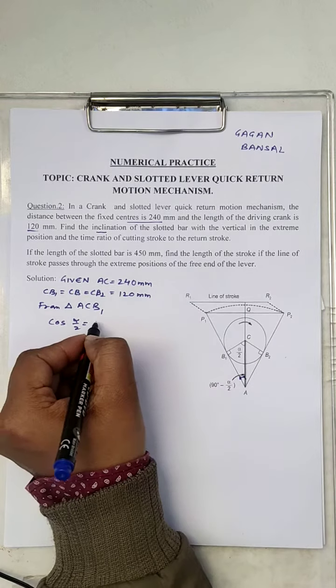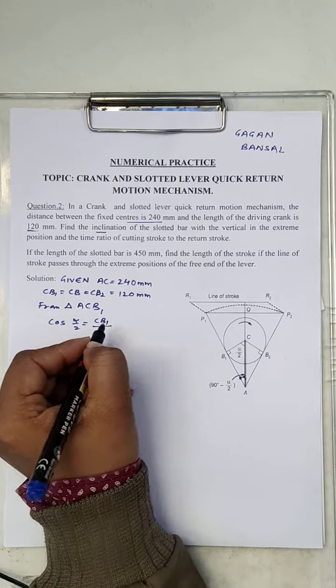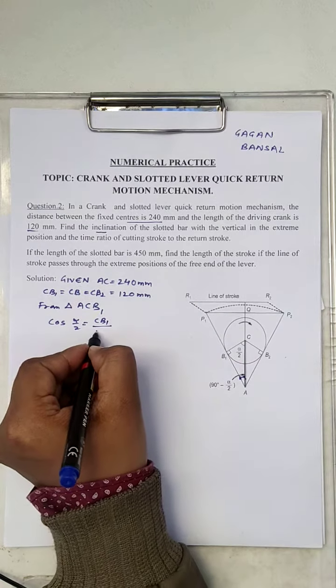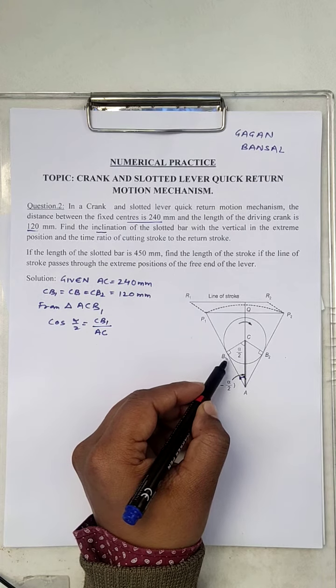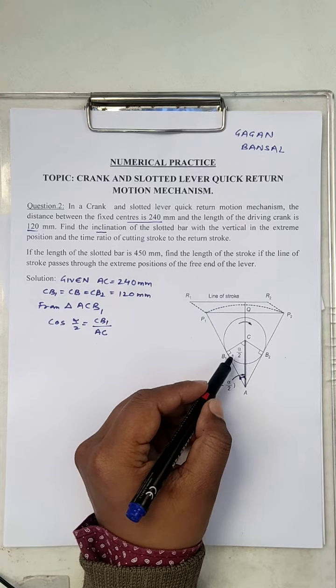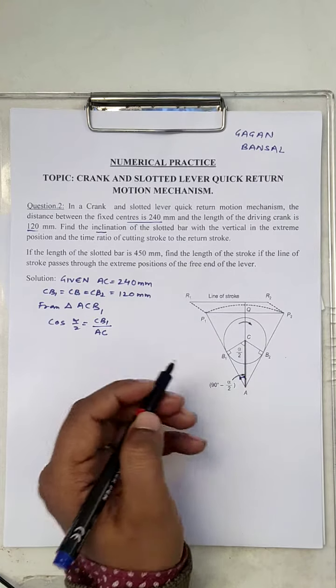Base is CB1 and hypotenuse is AC. The hypotenuse is the length opposite to the right angle, that is AC.